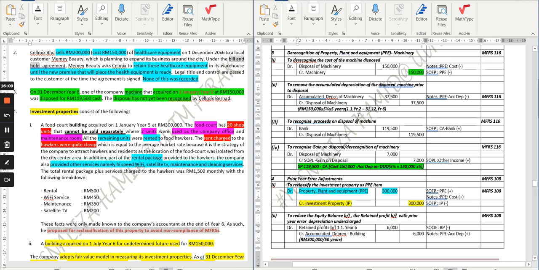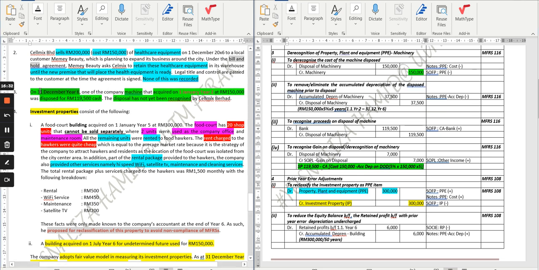For that 5 year period, the accumulated depreciation must be eliminated, to remove or to eliminate. If you are used to the term eliminate, we can make use of that term here. It is the same. To eliminate, to write off, to remove is the same thing. Prior to disposal, meaning from the date of acquisition until the disposal date.